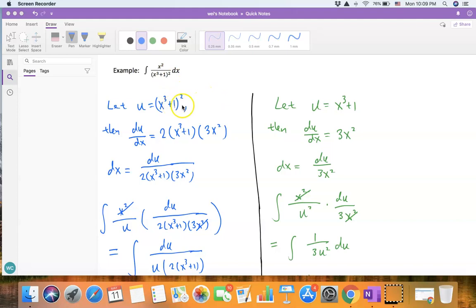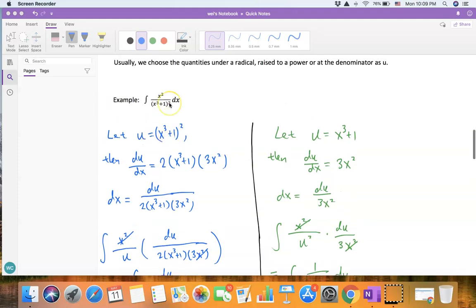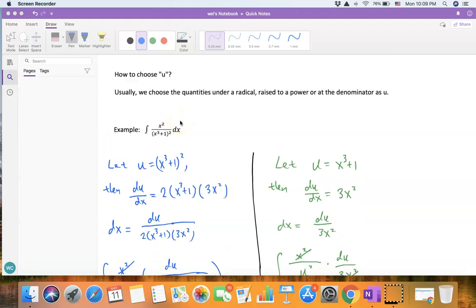So there are two persons, and each of them chooses a different U. They follow this sentence. One person thinks, since we usually choose the quantity at the denominator as U, he looks at this function and says the denominator is x to the third plus 1 squared.